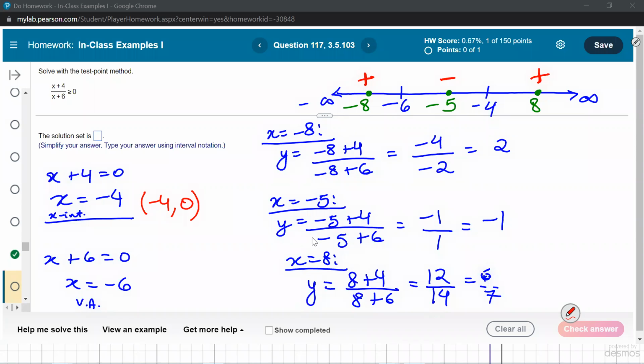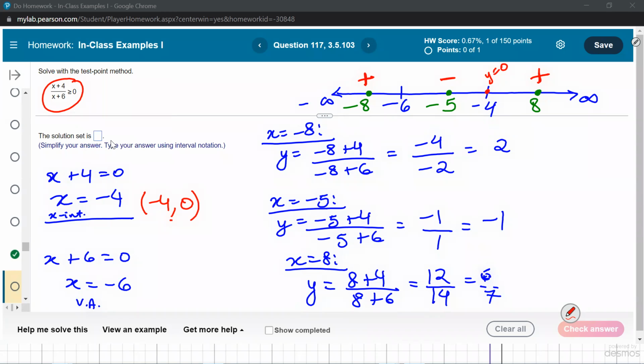So since this is an inequality that says greater than or equal to 0, we do need to know where our y value is equal to 0. Which would be right here, your y value is equal to 0. So looking at our little number line over there, where is your y value positive and equal to 0 at?